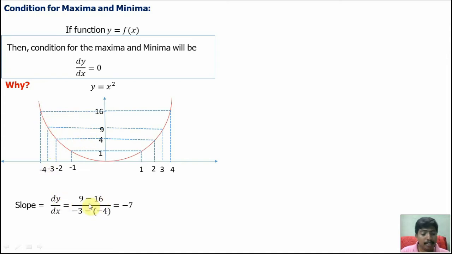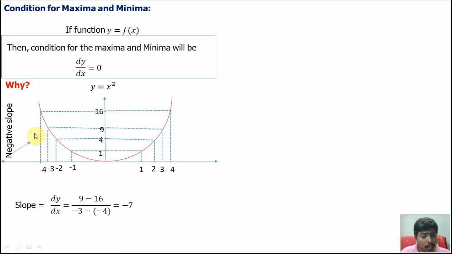So 9 minus 16 by minus 3 minus of minus 4, we will get the answer as minus 7. So it is a negative value. For the first derivative on this side, we will get minus 5, then minus 3, then minus 1. So on the left side, the slope is negative.